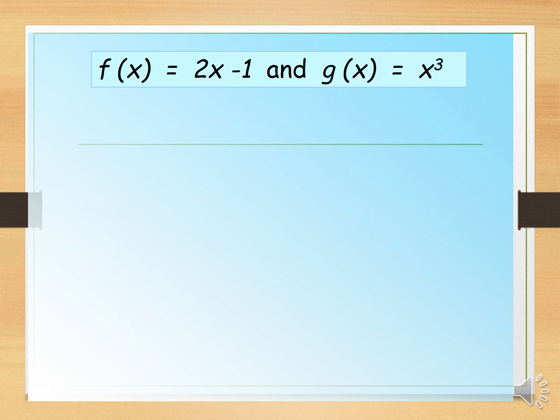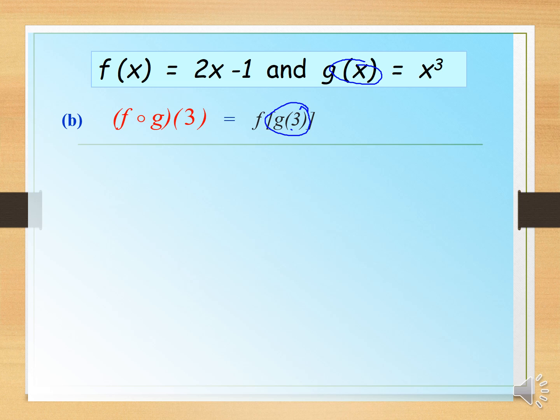For question B, find f composite g(3). g(3) is the input for function f. Before that, 3 is the input for function g. Therefore, we substitute 3 into the function g(x).